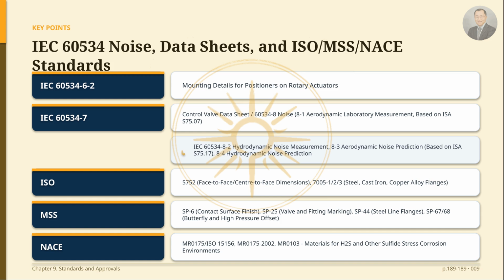Finally, NACE International's MR0175, ISO 15156, and MR0103 specify metallic materials for use in H2S-containing environments, namely sulfide stress corrosion cracking environments. Next, we will move on to the topic of product approvals for hazardous classified locations.